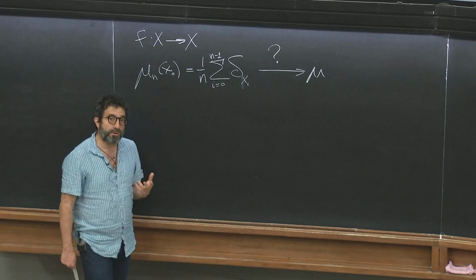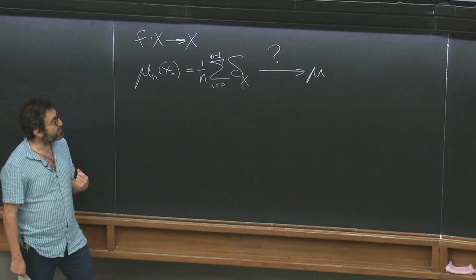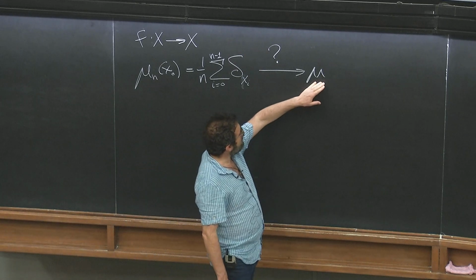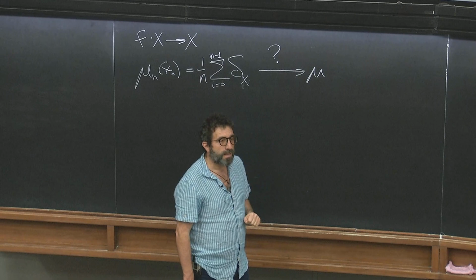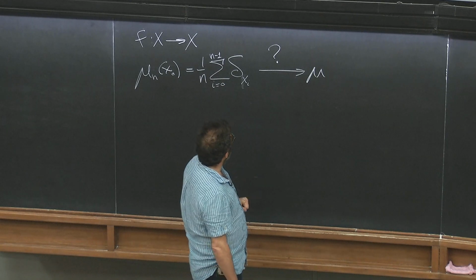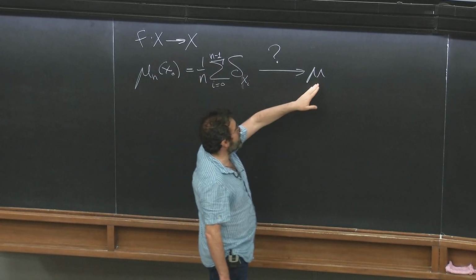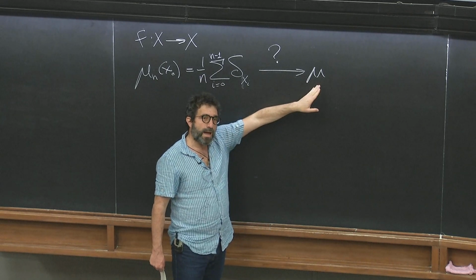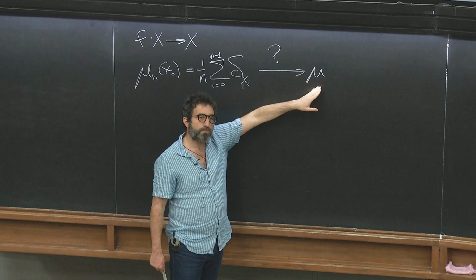So the approach we're going to take, which turns out to be a very useful approach, is to start by noticing that if this sequence converges to a measure mu, then mu has some very special properties.